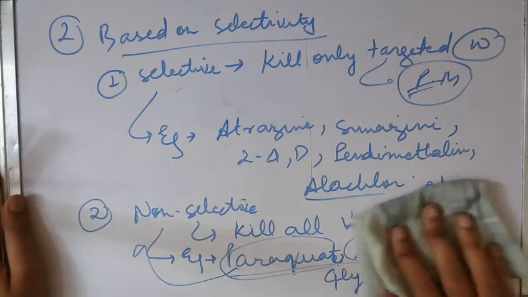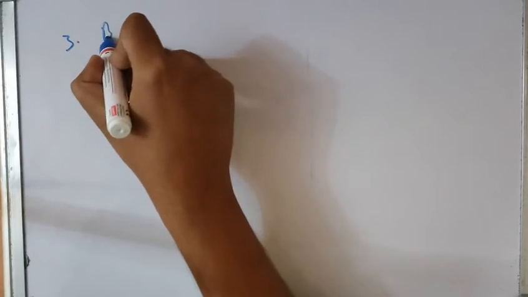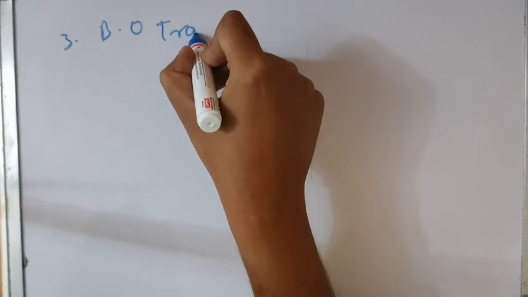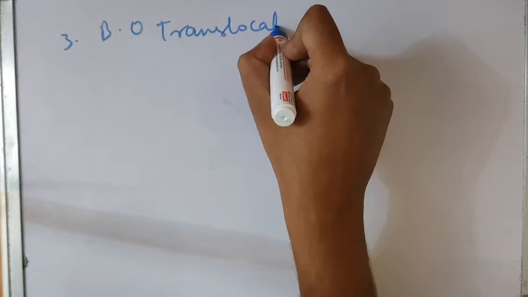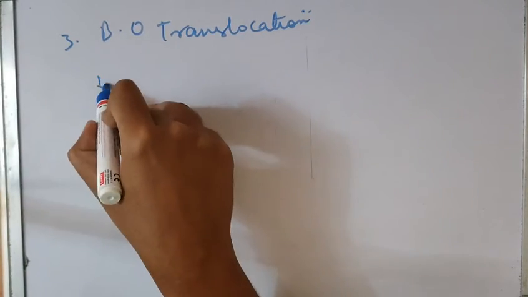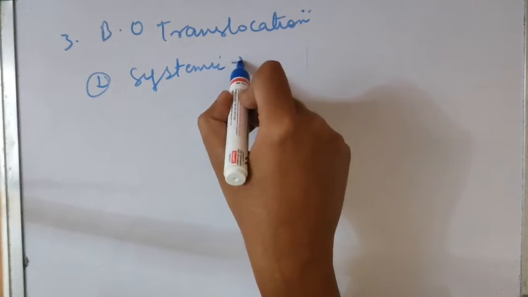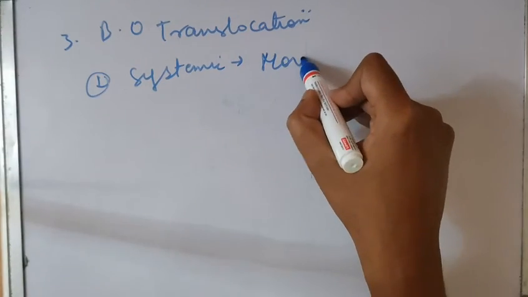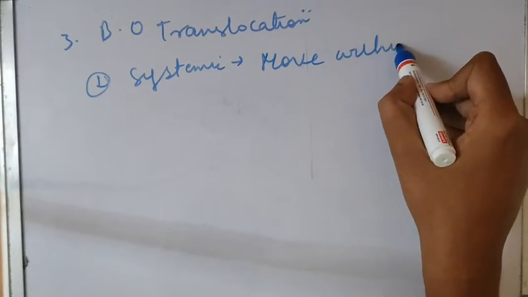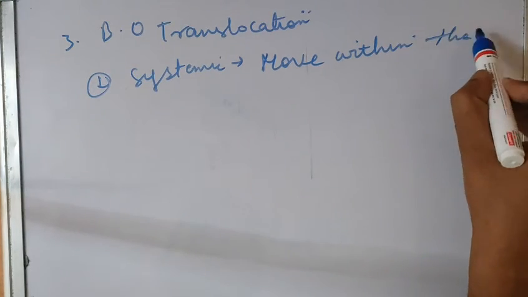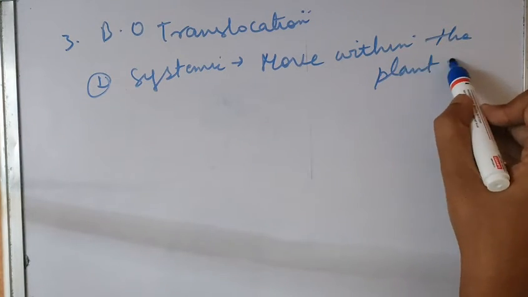Now moving on to another classification, that is based on translocation. Here number one we have systemic herbicides. That is, they move within the plant, or inside the plant.